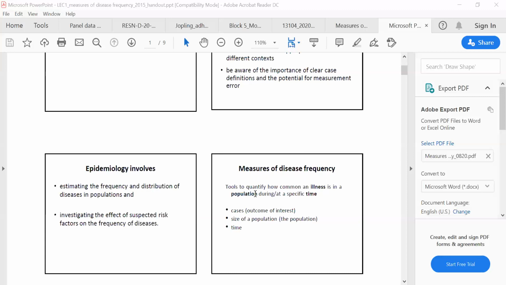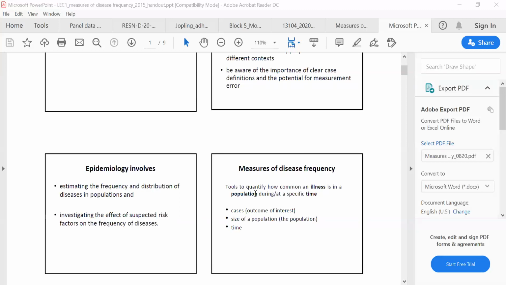That's the outcome of interest, or we can define it as the case. Then we also need the size of the population in which this outcome of interest is occurring, then time. Those three aspects are very important for measures of disease frequency.